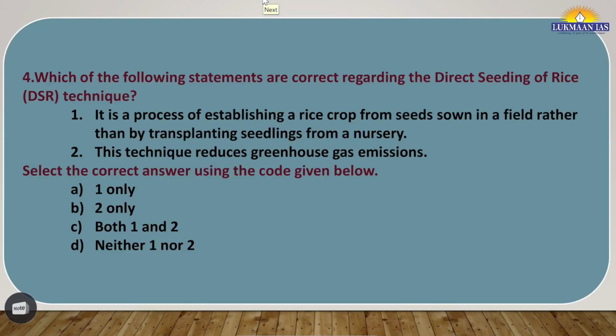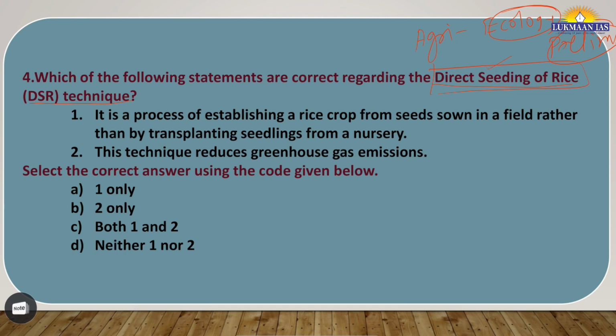Now fourth statement, it is talking about direct seeding of rice technique, DSR, and we surely can expect such kind of question. Again I am telling you, they are linking agriculture with ecology and environment in prelims examination. So those agriculture or farming techniques which are eco-friendly, sustainable agriculture practices, they can be asked in the prelims examination for sure.